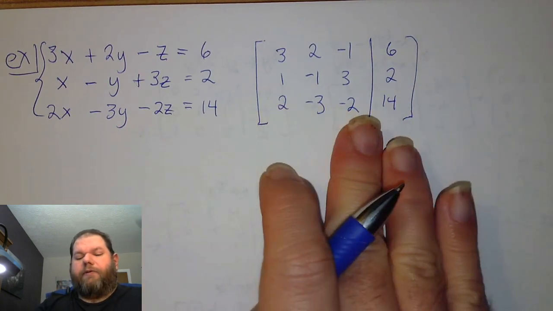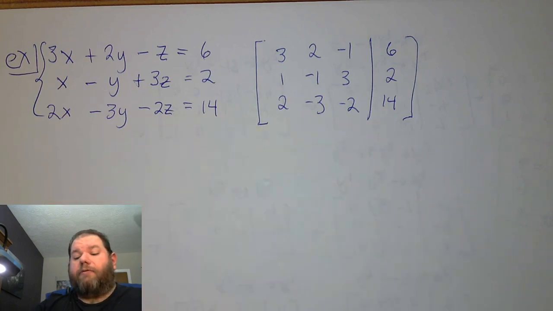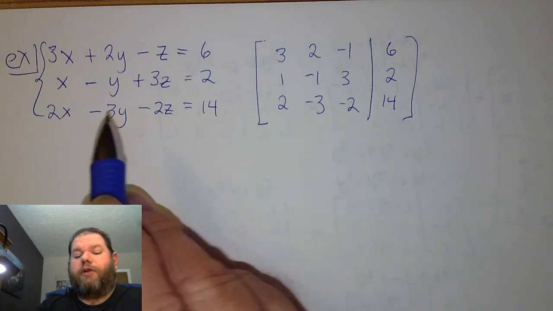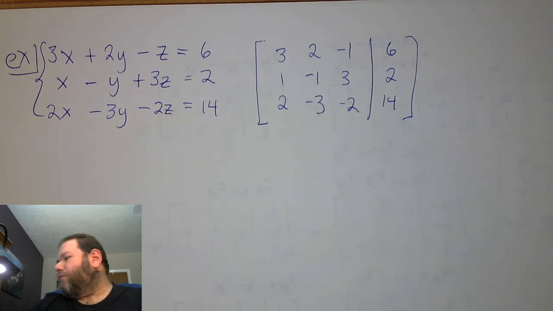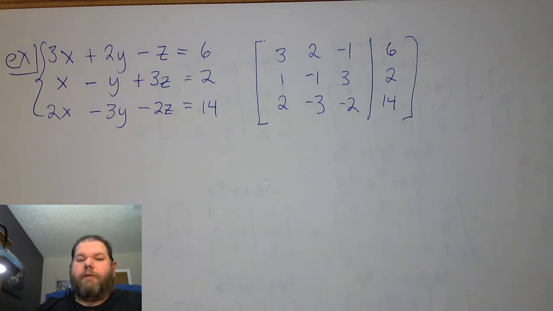Okay. I think everyone's okay with that step, right? We create our augmented matrix just by translating, basically leaving off the variables here. So we look at this matrix. What's the easiest way to get a 1 in the upper left corner?